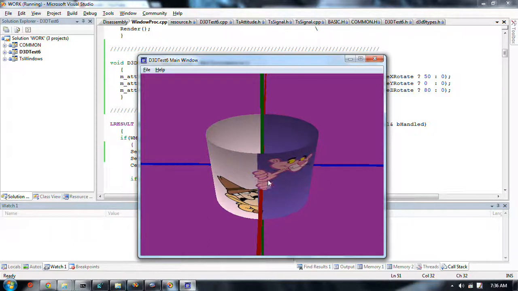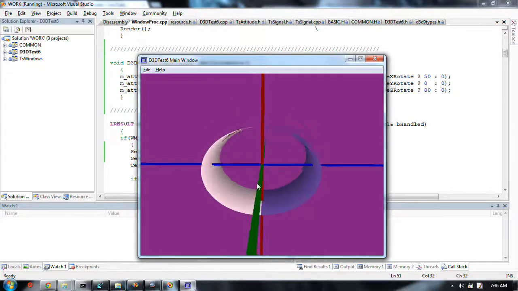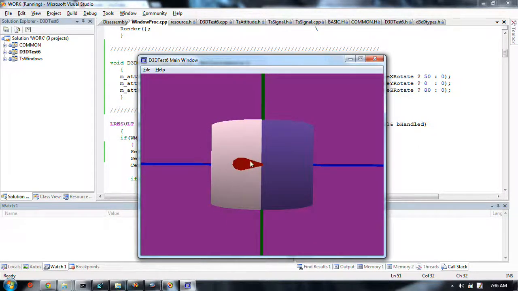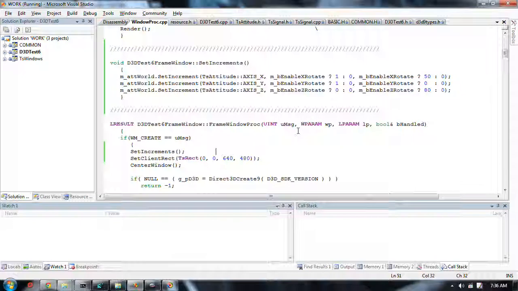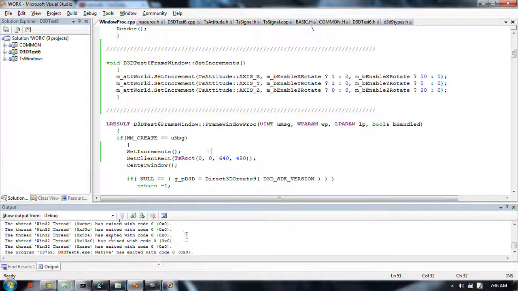Also, these are not anti-aliased. You can make this anti-aliased and a bunch of other stuff. Okay, see you.